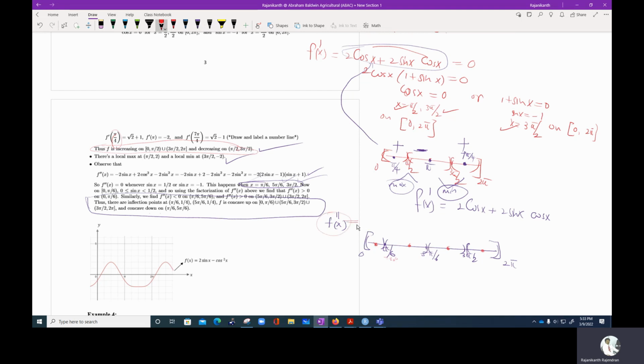Remember, our second derivative function is negative 2 sine x minus 1 times sine x plus 1. You simply plug those test values into this function and check the sign.